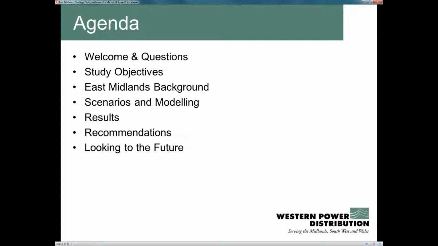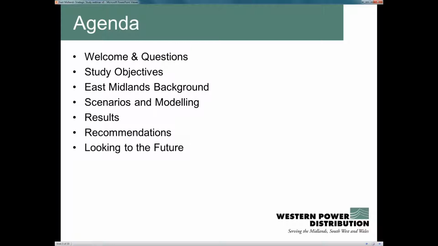So throughout today's webinar, we're going to have a look at the study objectives of what the Shaping Subtransmission work contains. We will have a look at the East Midlands background, understand what the specific conditions of the East Midlands are, how the network runs. We will look through the modelling and scenarios that we use within this process to arrive at the results, and then we'll explore these a little bit with some recommendations as well.